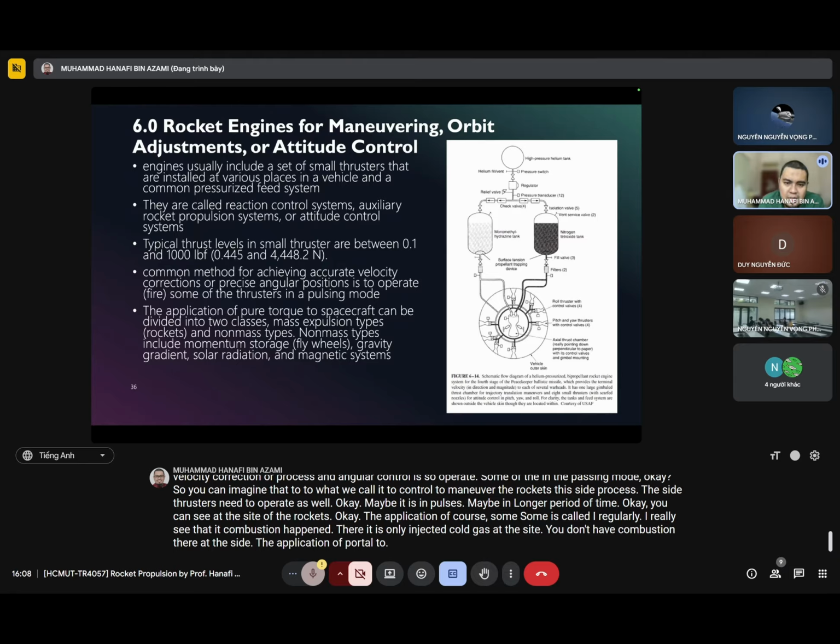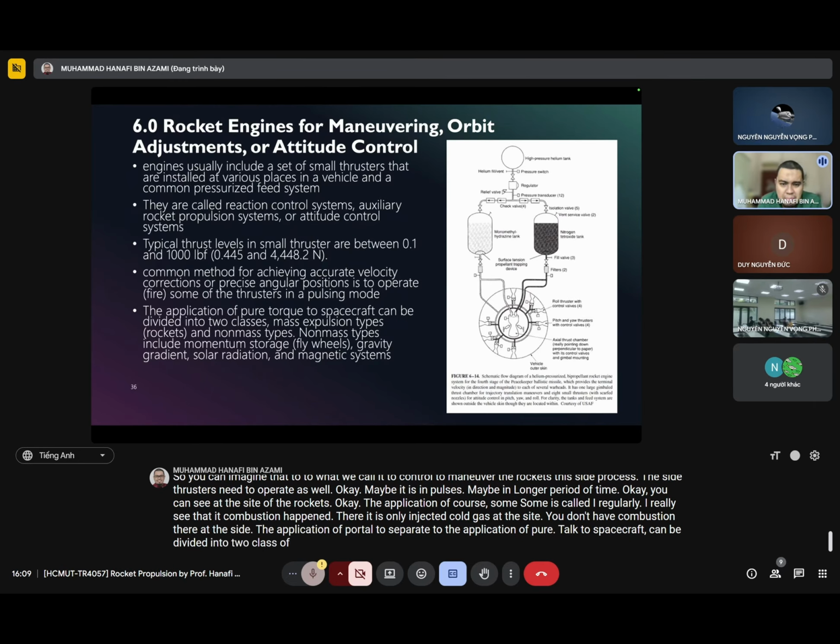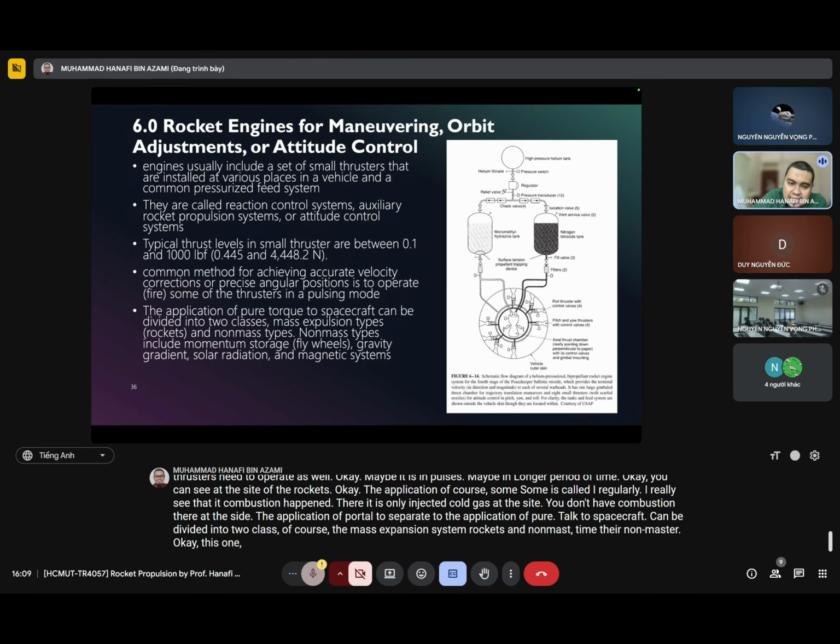The application of pure torque to a spacecraft can be divided into two classes: of course, the mass expulsion system, rockets, and non-mass type. This one is a mass type, which means that you expel propellant to the side or out from the nozzle.